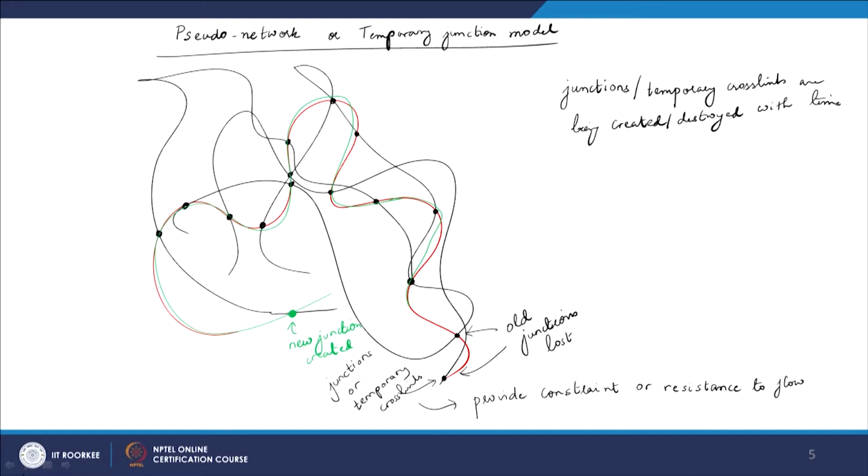Now, the key idea here is that, of course, this is not the only chain moving, there are also other chains moving. So, if I look at the whole polymer system under deformation, then with time, actually at a very rapid rate, the junctions are being created and destroyed. So, instead of looking at the system as individual polymer chains, I would think of it as a network where the junctions or cross links have some rate of creation, some rate of destruction and some lifetime, so to speak.